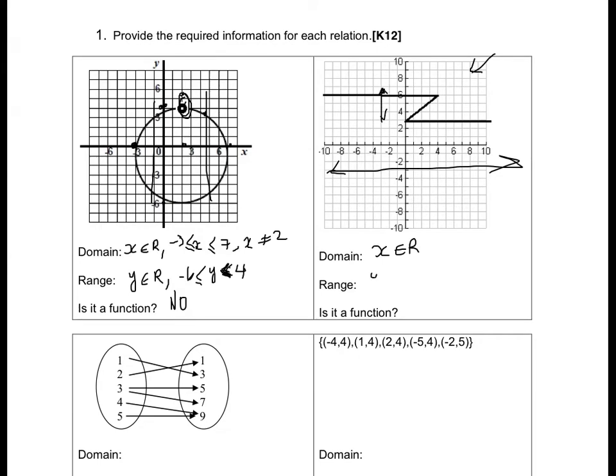So we say that y has to be in R and y has to be less than or equal to 6, because this point is 6 and this point is 3. So greater than or equal to 3. Is it a function? Again, we draw the vertical line and you can see the line crosses the graph at more than one point. So we say no, this is not a function because it fails the vertical line test.